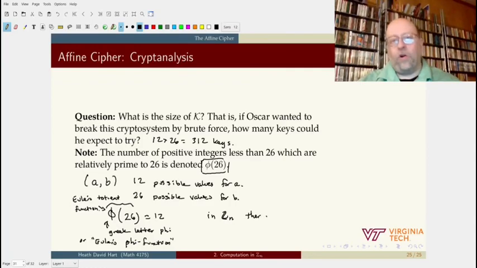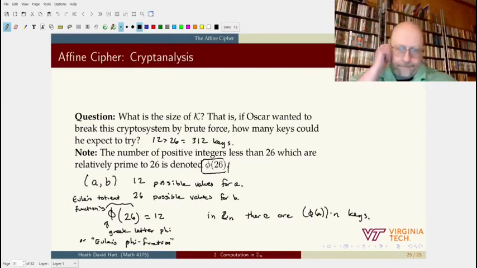There are phi of n times n keys is what goes on here. And this problem turns out to be 312, which makes this more secure than the shift cipher, and at least in terms of just brute forcing, it's much, much less secure than the substitution cipher.